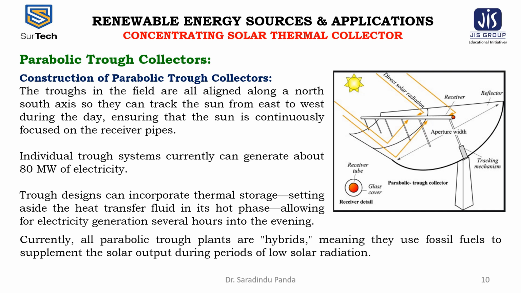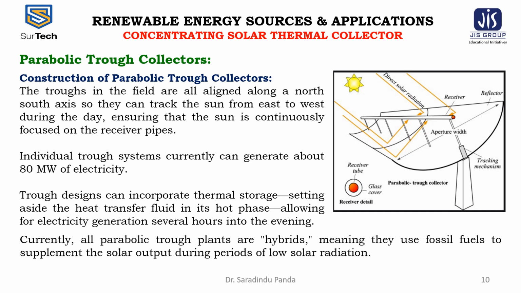Individual trough systems currently can generate about 80 megawatts of electricity. The trough designs can incorporate thermal storage, setting aside the heat transfer fluid in its hot phase, allowing for electricity generation several hours into the evening.